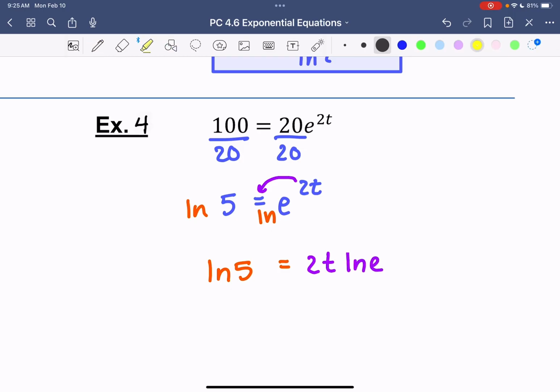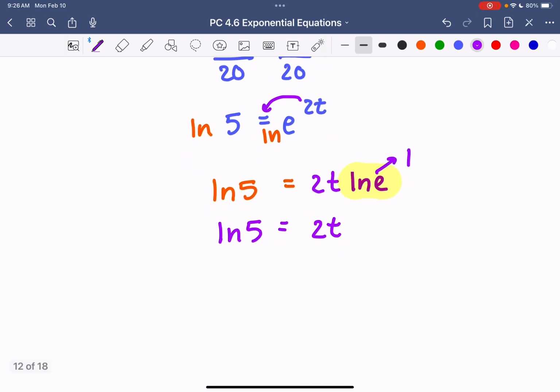And remembering our rules of logarithm, basic logs, ln of e will again go to 1. So we're left with 2t equals ln of 5. So t can be written as ln of 5 divided by 2.